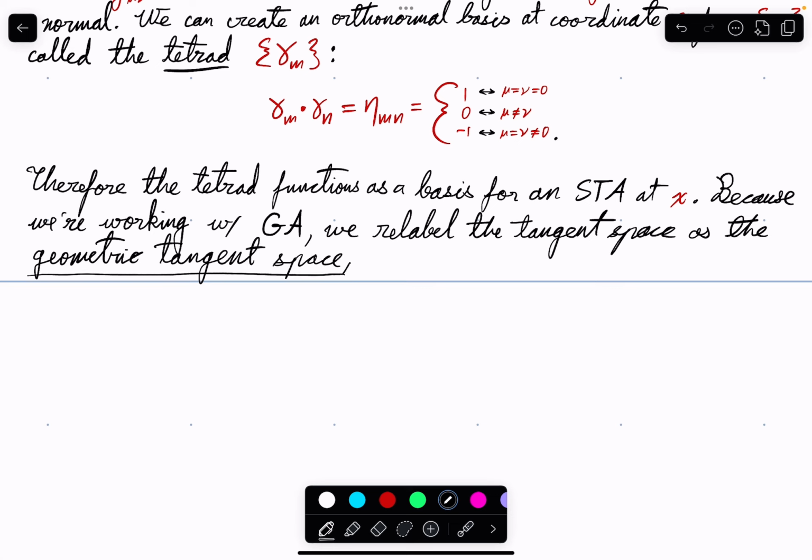So when you're working with the tangent space, but you're promoting it to a geometric algebra, then it's the geometric tangent space at coordinate x for the manifold M.